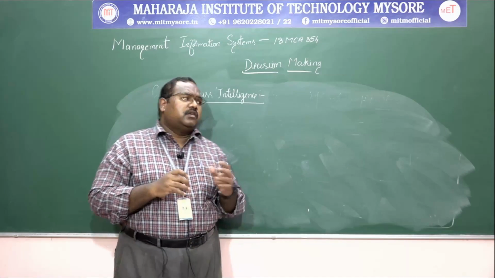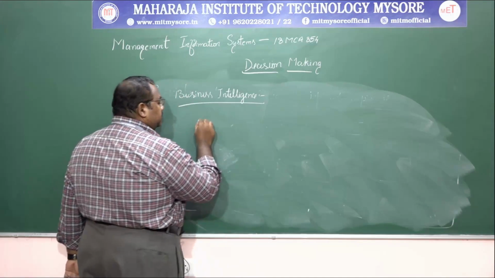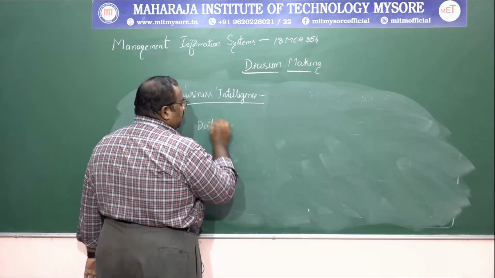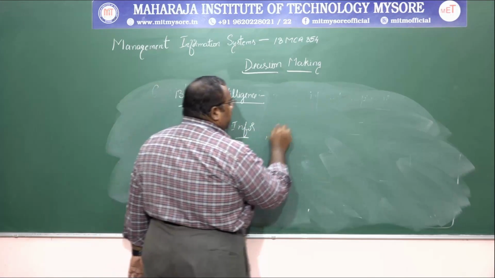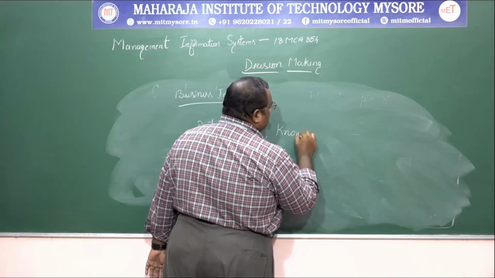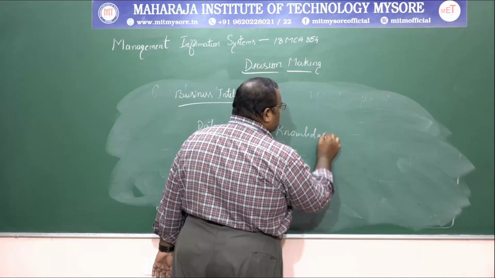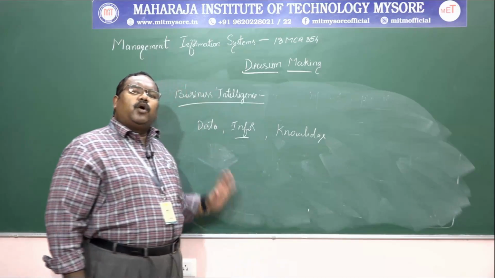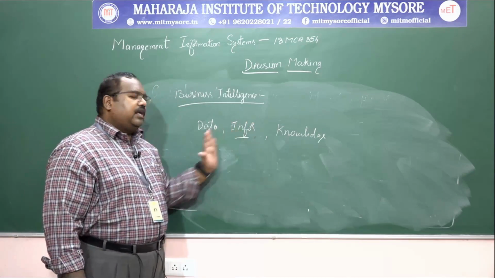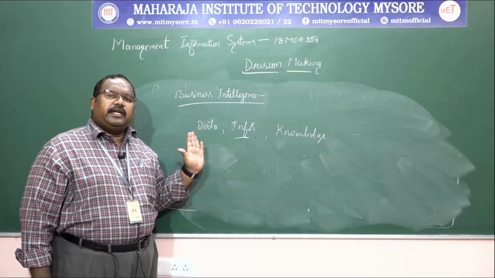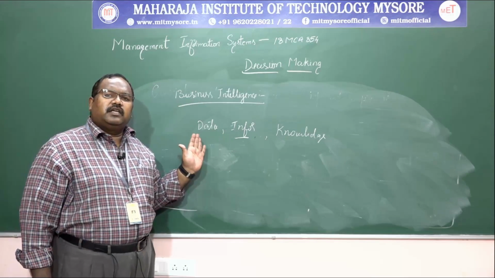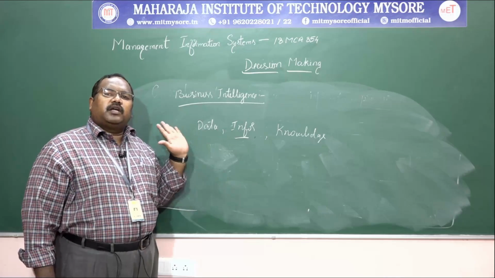Then what is the difference between data, information and knowledge? In MIS, a broad differentiation has been given with respect to all three components. When you talk about data, it is raw facts and figures, which it considers raw products.